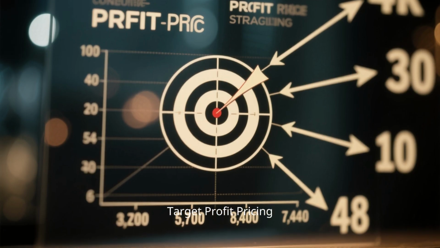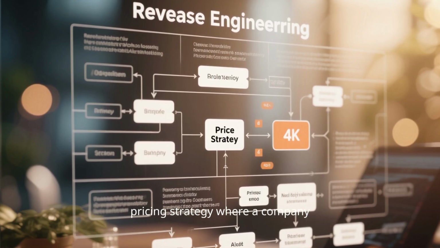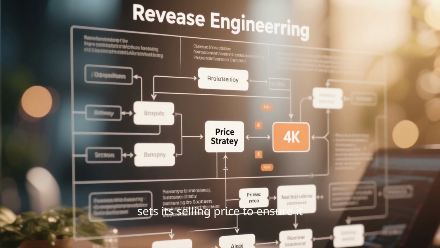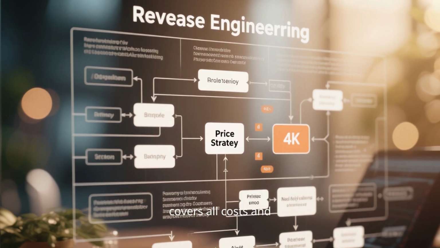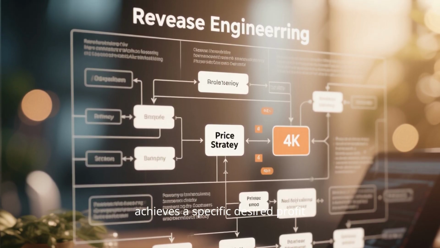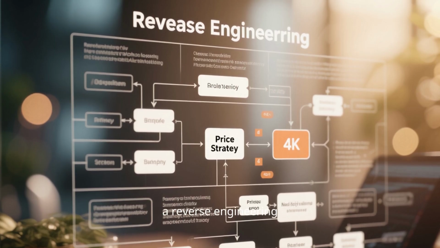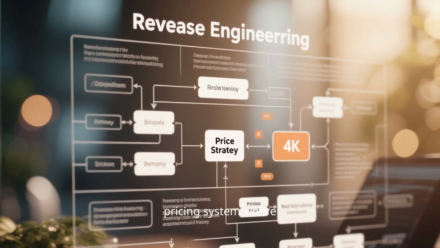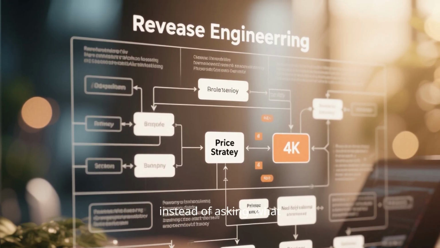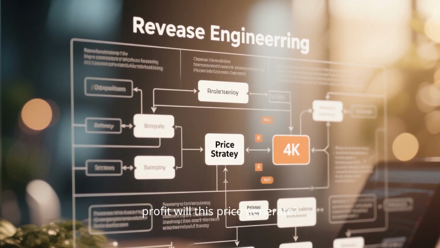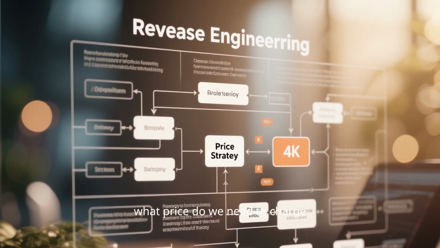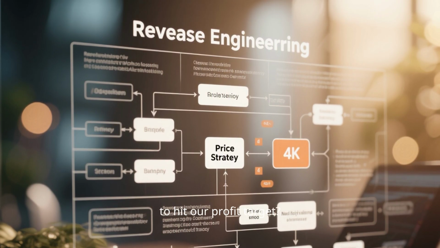Target profit pricing. This is a cost-based pricing strategy where a company sets its selling price to ensure it covers all costs and achieves a specific desired profit within a given period. It is essentially a reverse engineering pricing system where, instead of asking, "What profit will this price generate?" management asks, "What price do we need to charge to hit our profit target?"